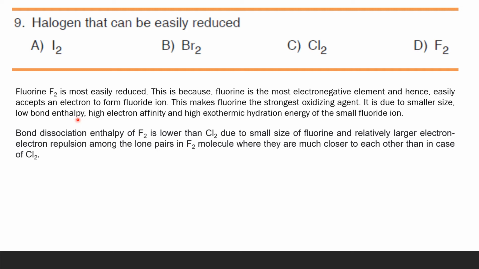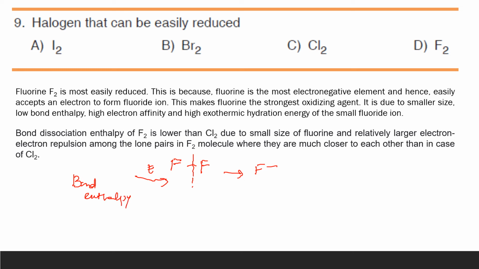That is because when you have a fluorine molecule, it has an F-F bond. This is the bond that exists in fluorine. If you want to reduce this fluorine into fluoride ion, you need to break this bond. In order to break the bond, you need to supply some amount of energy, and that is called the bond enthalpy.